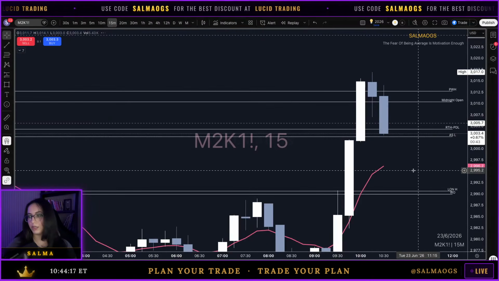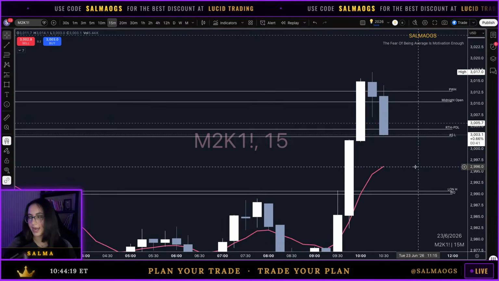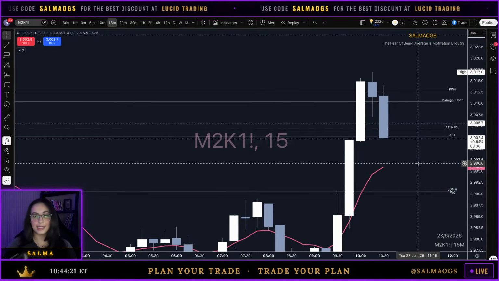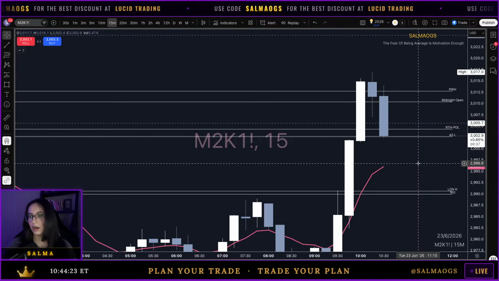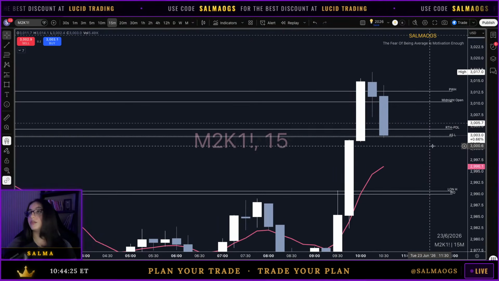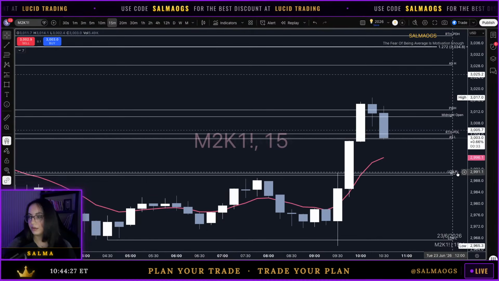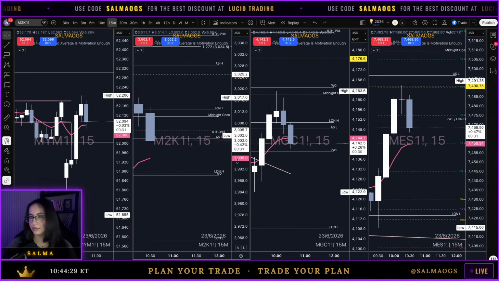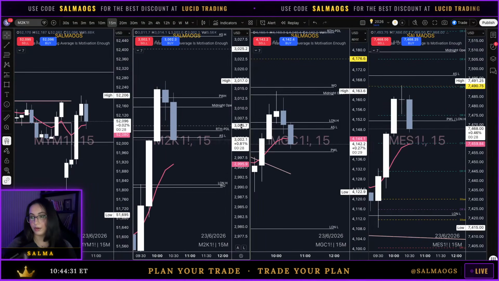Again, if you are bullish, 29.96, 3,000 needs to be defended on the Russell for continued upside. Just a matter of, will they do it or not?